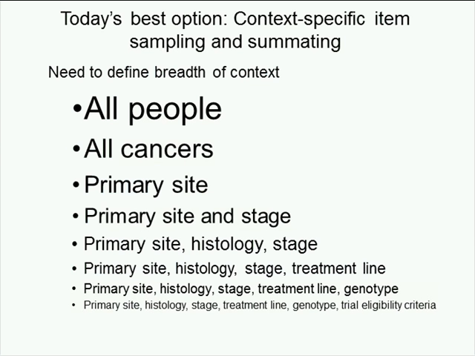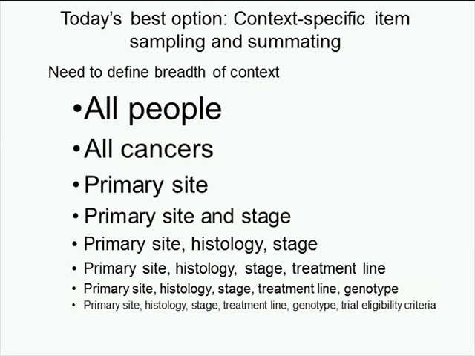I think this last example, some might say it's absurdly specific, but it is actually what we sometimes find some people in the pharmaceutical industry are compelled to go to because of a concern that the issues might be slightly different for people who are not eligible for a given treatment trial. And my personal preference lies somewhere in the middle of this continuum, somewhere around primary site and stage.